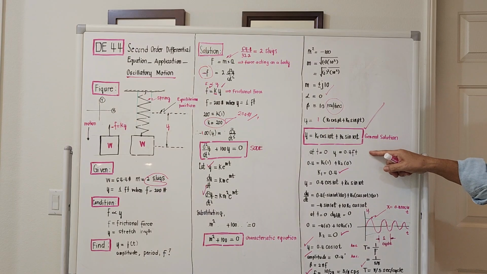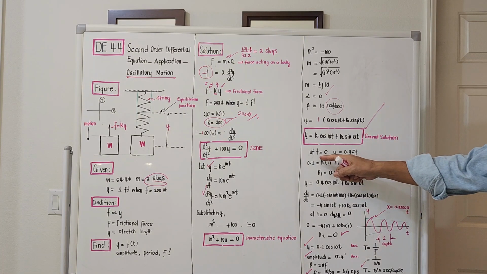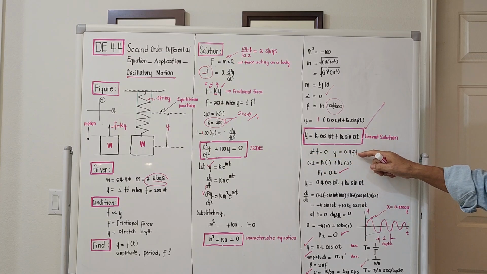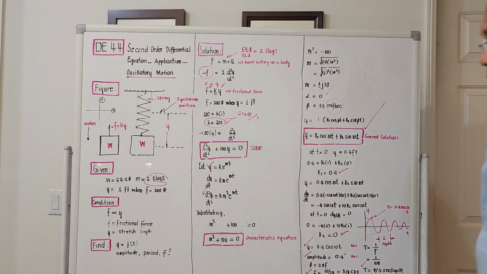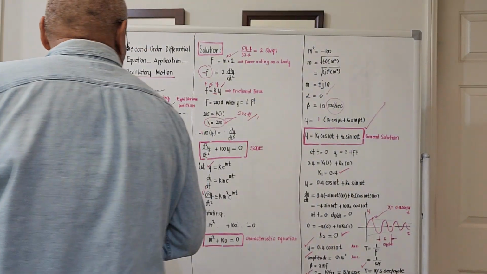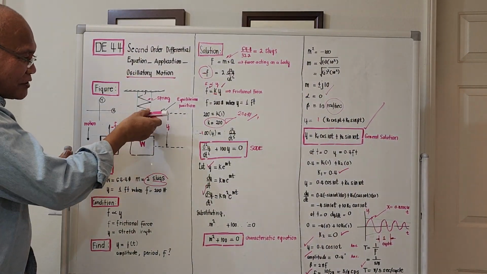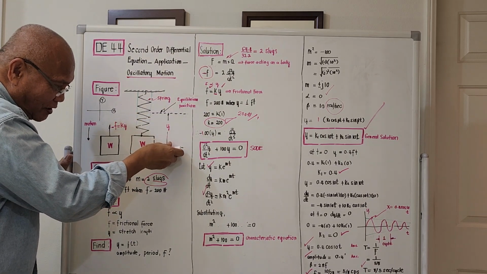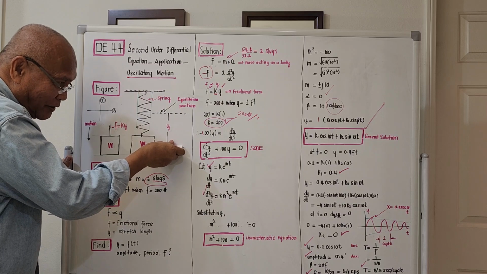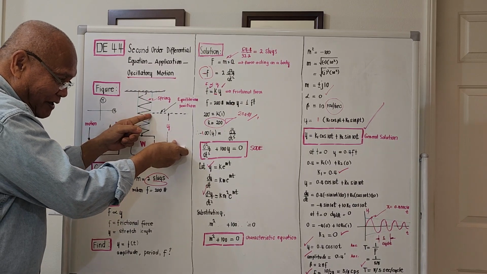This is the general solution, so we have to bring out the particular solution. At time t equal to 0, y is equal to 0.4 feet. Meaning, initially, we stretch the weight at a distance of 0.4 feet below the equilibrium position, right?